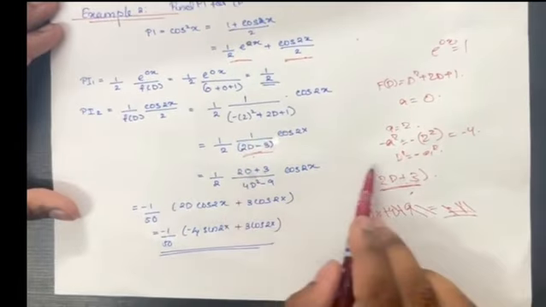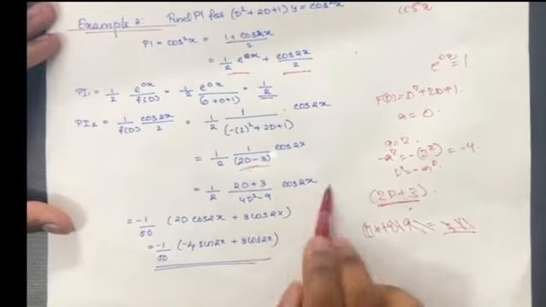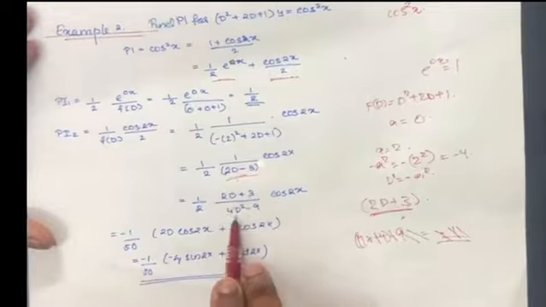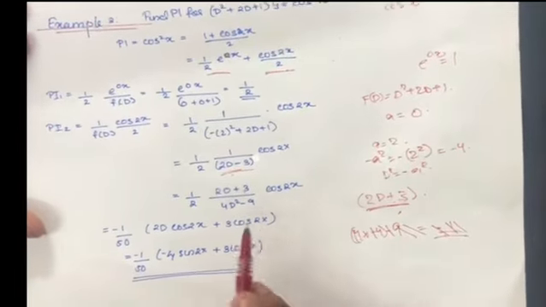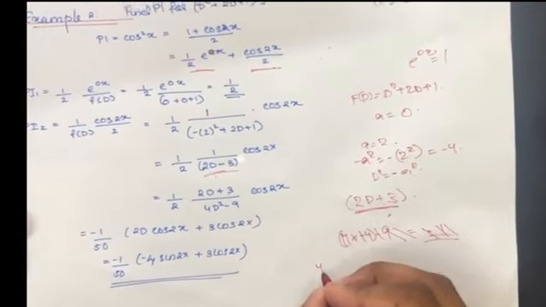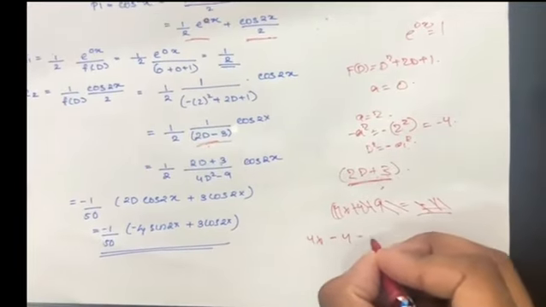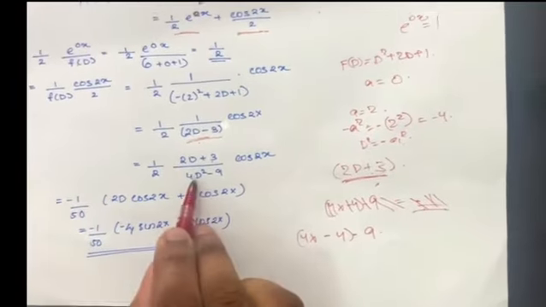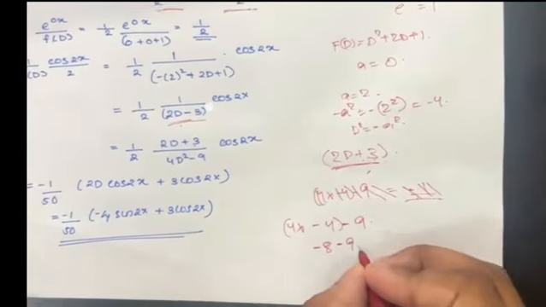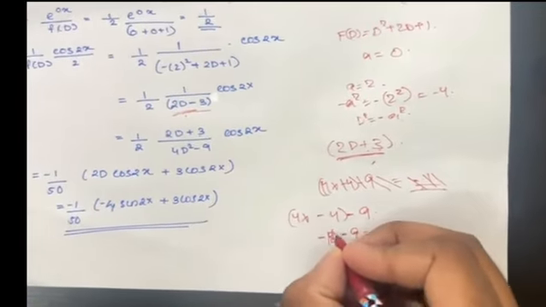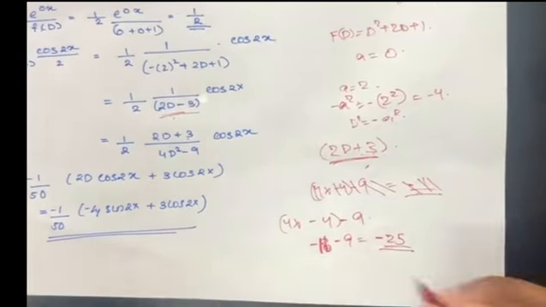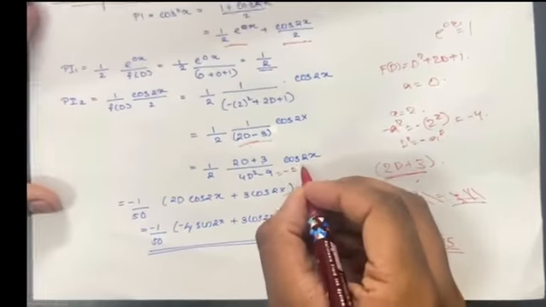After multiplication, we get it in the form 2D plus 3 into cos 2x divided by 2 into 4D square minus 9. 4D square minus 9 can be simplified like 4 into minus 4 minus 9. Here we are substituting D square is equal to minus 4, that is minus 16 minus 9, that is minus 25.